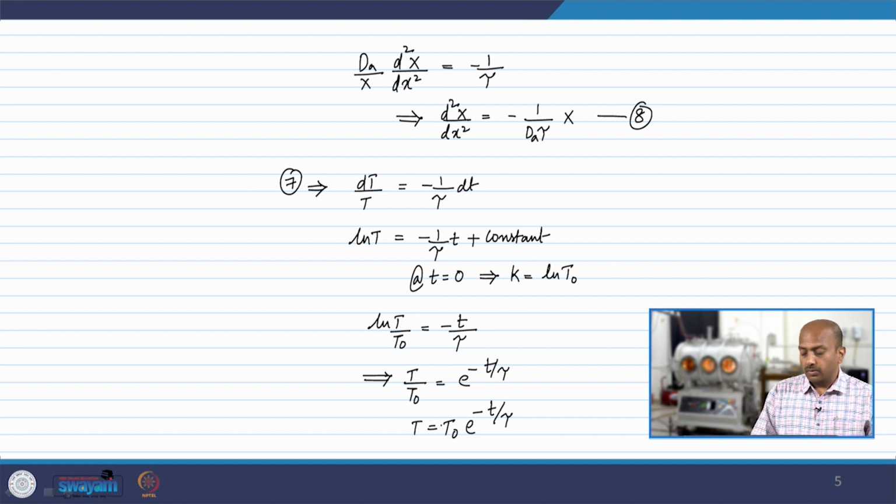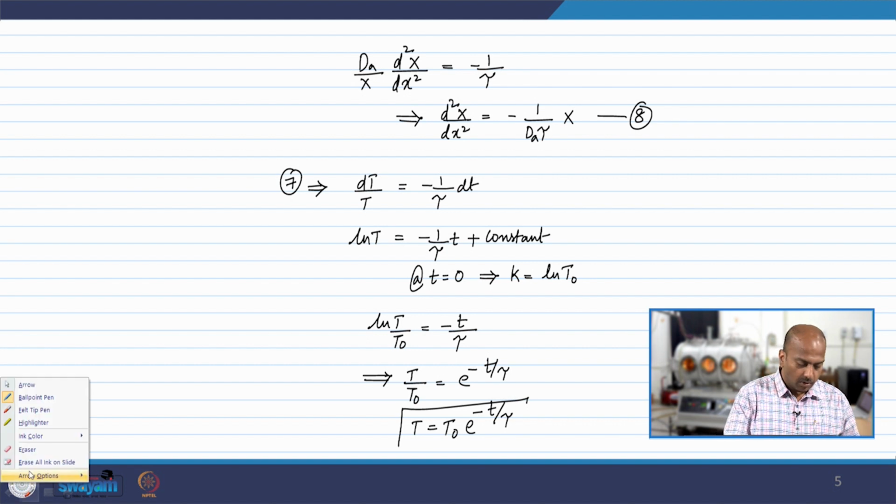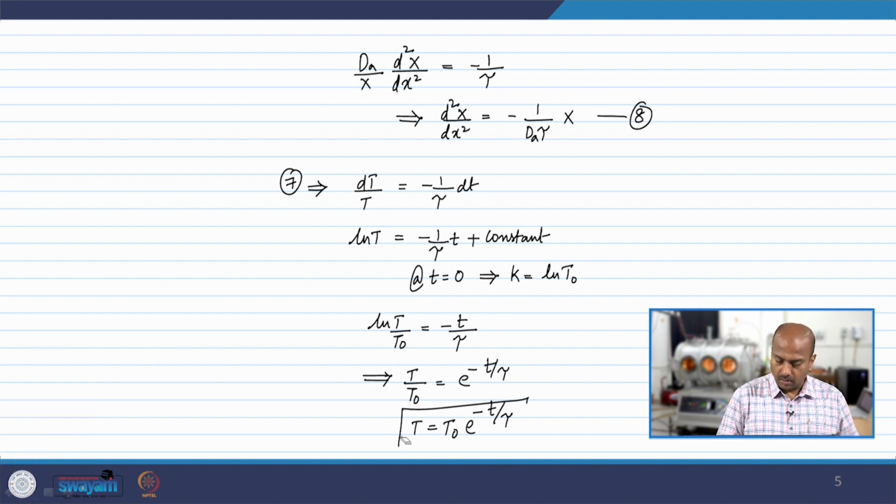Now, this is the solution. What does it mean? If you take this form for T and substitute in equation number 7, you will get that the constant is minus 1 by tau, but this is a very important solution.